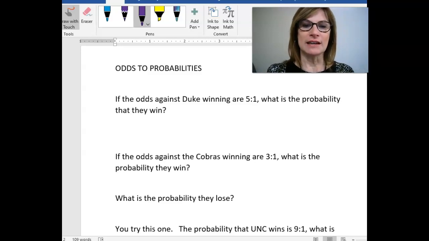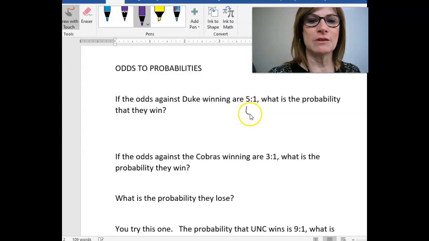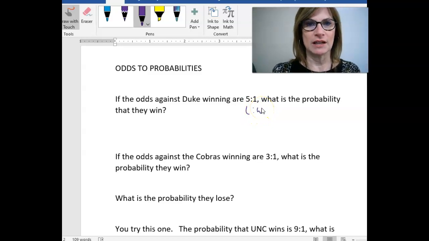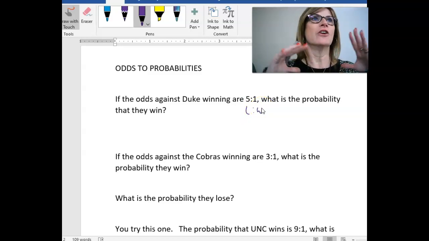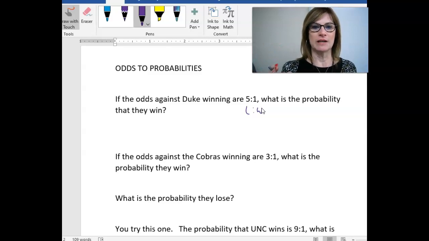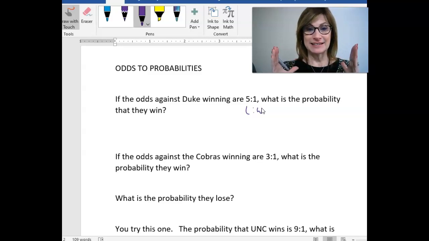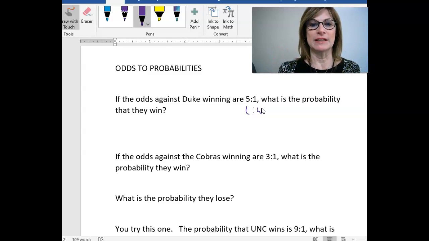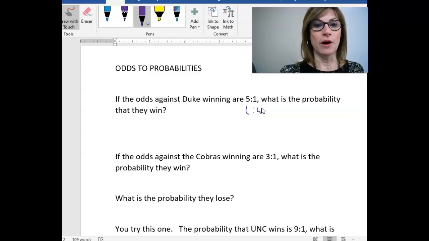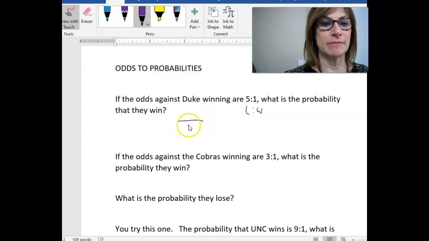Odds against are losing to winning. So in theory, if they played the NCAA tournament 6 times, they would lose 5 times and they would win 1 time. So in theory, they have played 6 times. So the probability that they win is 1 out of these 6 times.